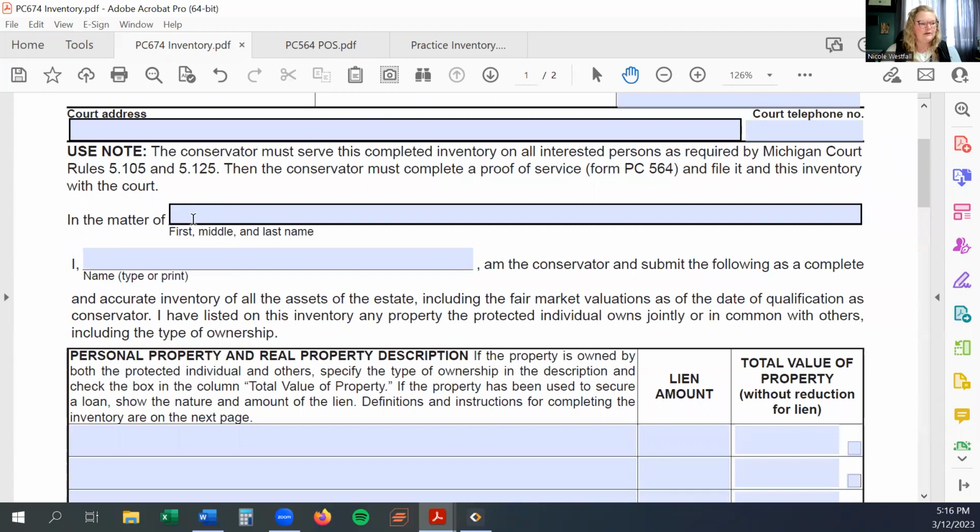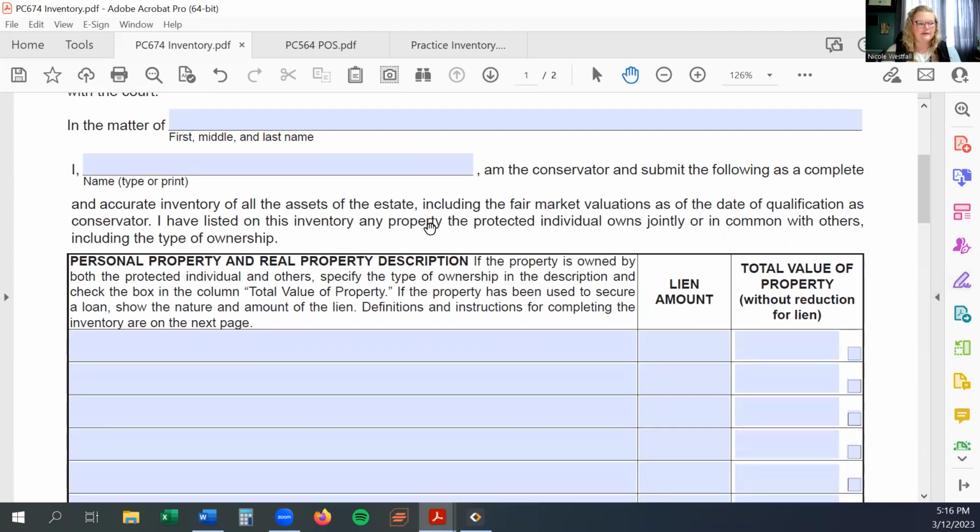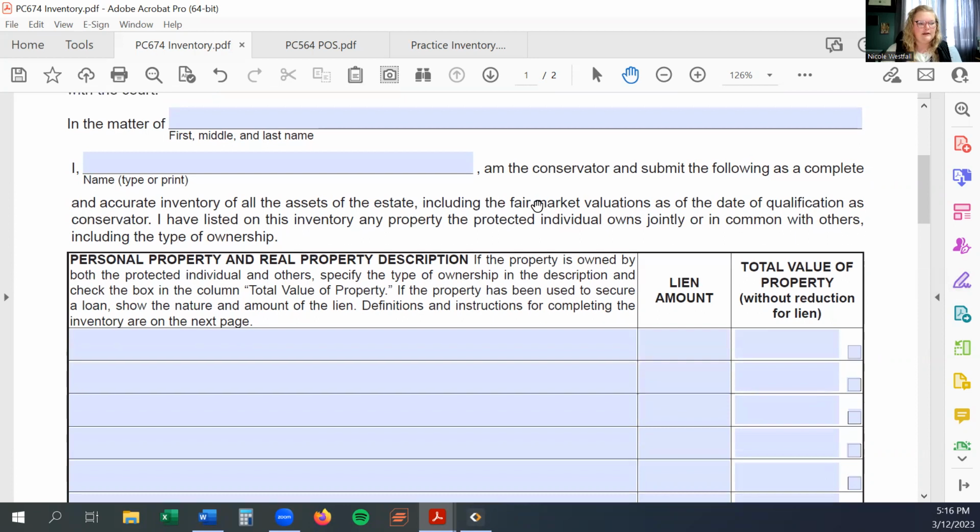So we would put down in the matter of Jane Smith, and you would put I, so I, Nicole Westfall, the conservator, submit the following as a complete and accurate inventory of all the assets of the estate, including the fair market valuations, as of the date of qualification as conservator. I have listed on this inventory any property that the protected individual owns jointly or in common with others, including the type of ownership. Now, this paragraph is really important because, as you see here, it says including fair market valuations as of the date of qualification as conservator.